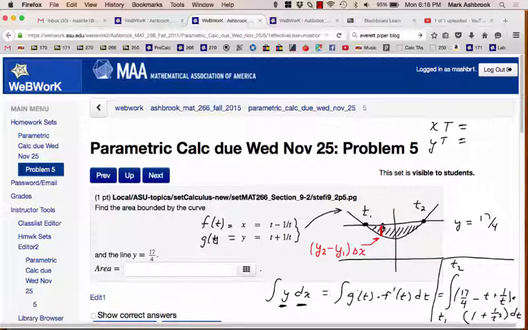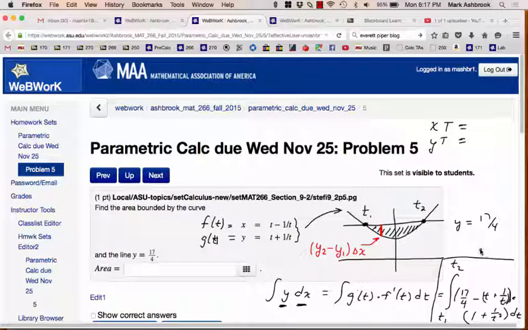Highest y minus lower y is the height of that typical strip right there. What is the higher y? It's just 17/4. And what is the lower y? Well, it's according to this function, t plus 1 over t. Notice the parentheses there. It's 17/4 minus the function t plus 1 over t. Did that help? Do you follow that?